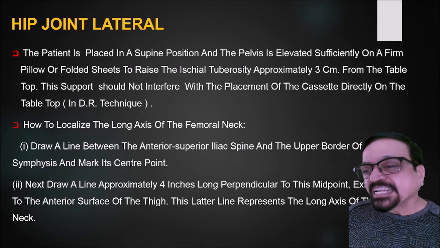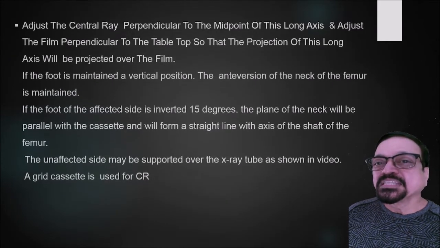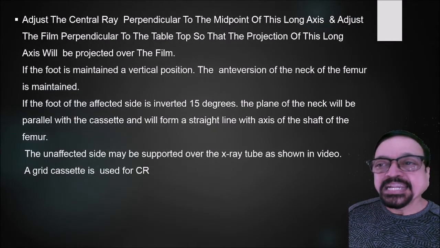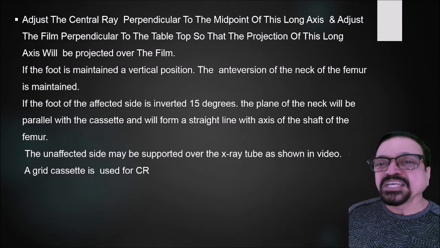This latter line represents the long axis of the femoral neck. Now adjust the central ray perpendicular to the midpoint of this long axis and adjust the film perpendicular to the tabletop so that the long axis will be projected over the film.